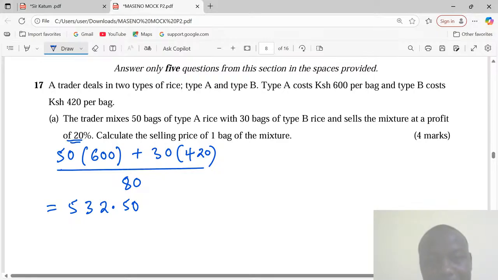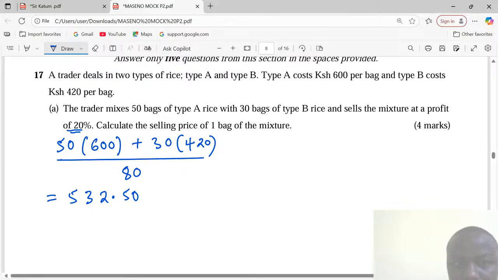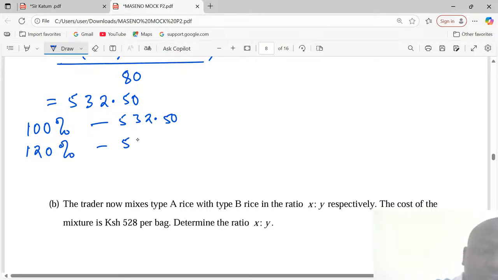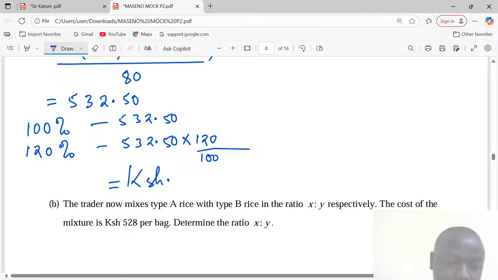But now this trader intends to make 20% profit. If they intend to make 20% profit, we're supposed to say now 100%, which is the cost price of a bag, is 532.50. Then now they need to make 20% profit. So this shall be 532.50 times 120 over 100, so that you may get the selling price of 1 bag.